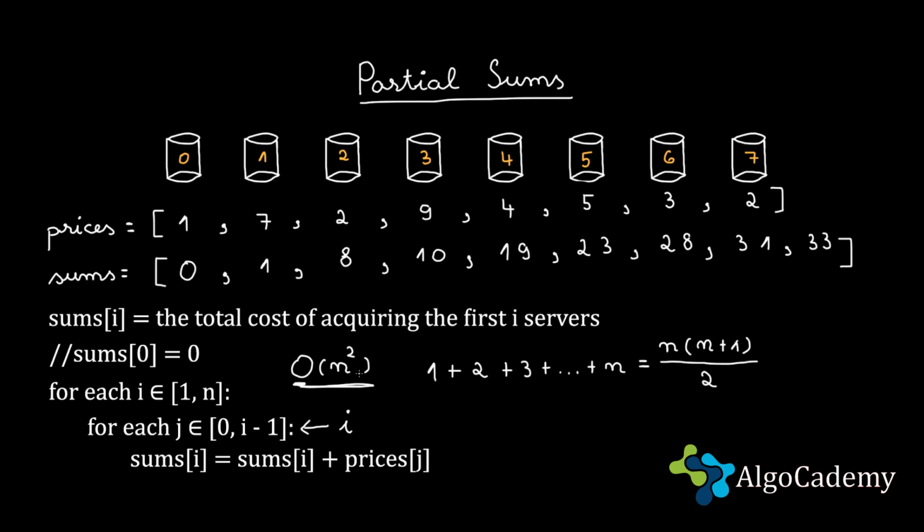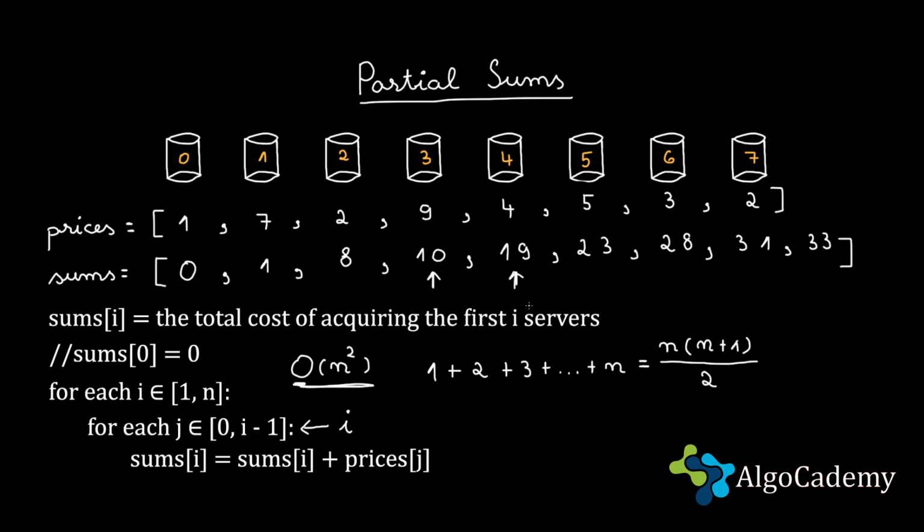Actually, I gave you a hint earlier when we were computing these sums here. Can you remember? When I had to compute, let's say, sums of 3, the sum of the first 3 prices, I said something like, I mean, not on this one, I think on the 4th one, to be more specific.